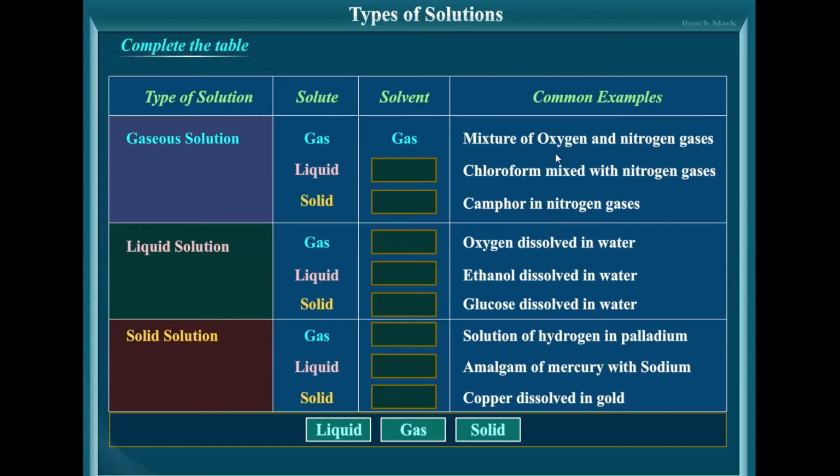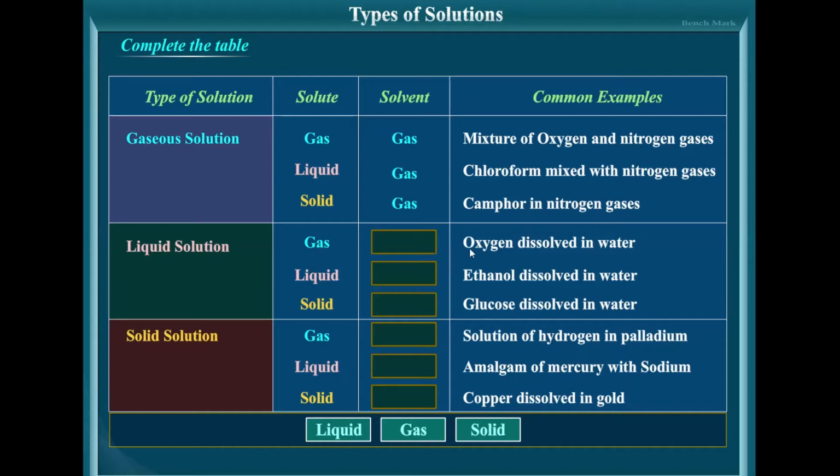The second one is chloroform, which is a liquid, mixed with nitrogen gas. So here gas is the solvent. The third is a solid, camphor, in nitrogen gas. Camphor is a solid while nitrogen is in the gaseous state.